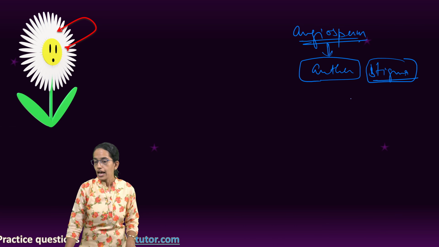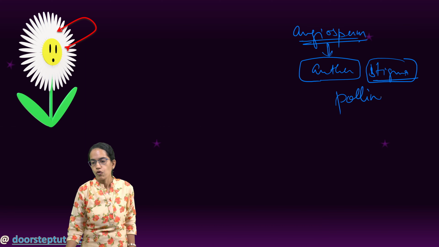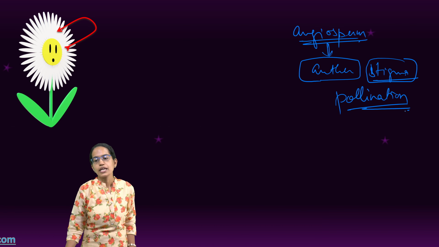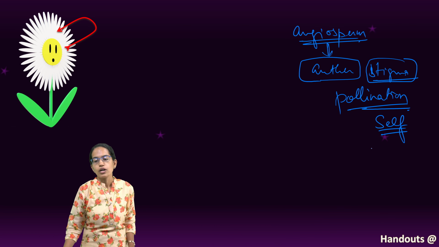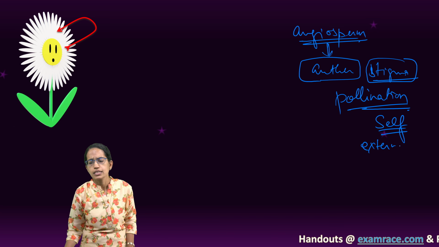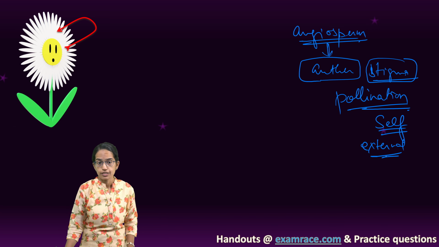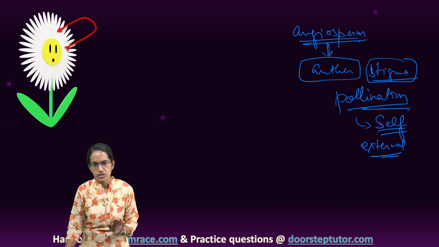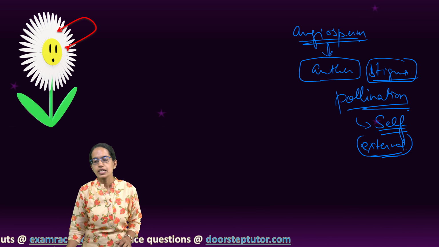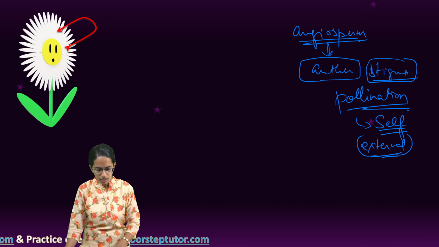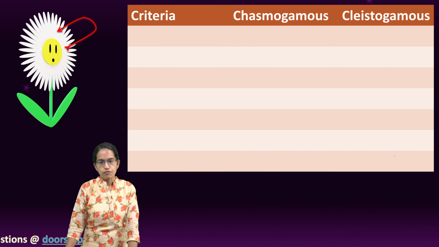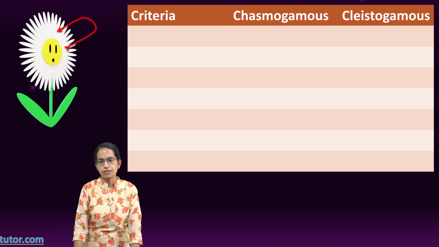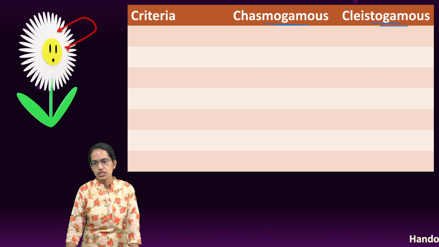Then, there has to be a pollination format. It could be self-pollination, or there could be an external requirement of pollination in the case of Chasmogamous. However, by and large, the pollination is self-pollination only, but sometimes there are external pollinators which are part of it. So, how do we differentiate between what is Chasmogamous and what is Cleistogamous?